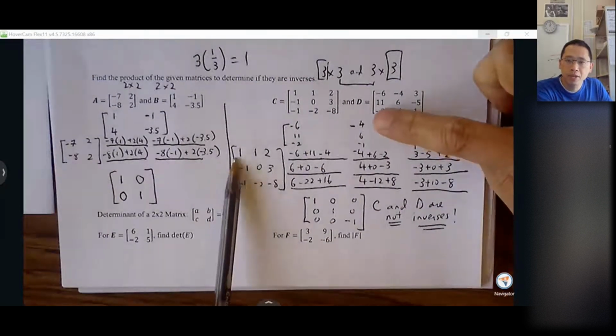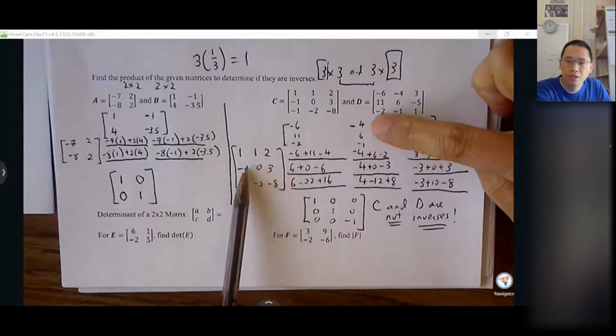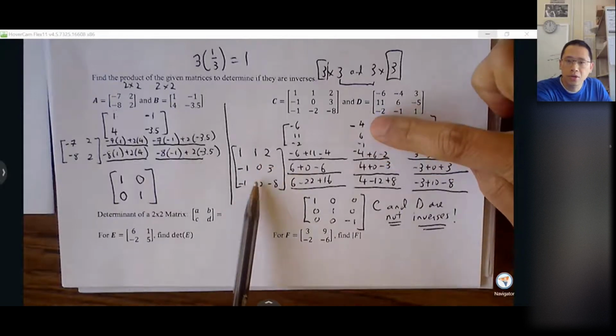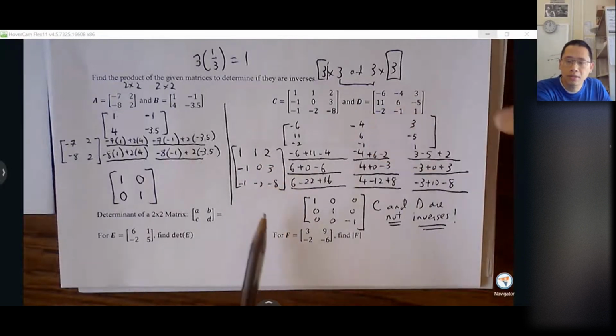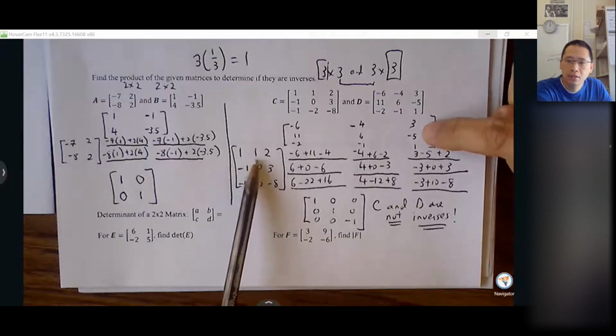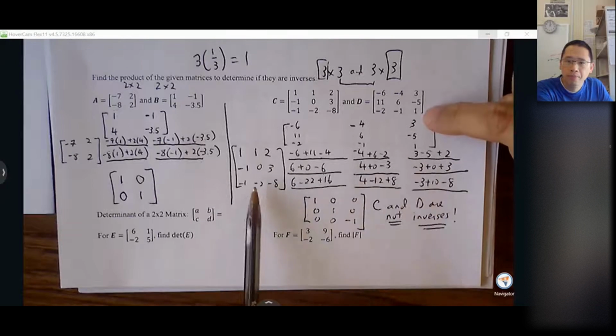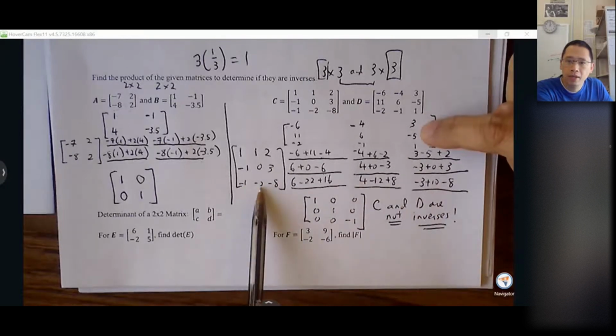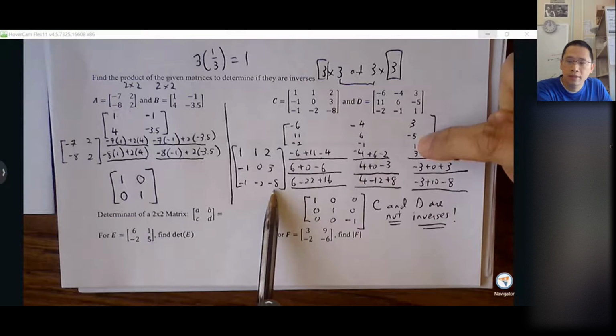Okay, and we just repeat the process for each of these, making sure that they go in their correct element spots. Right? We'll go here. -3, 10, -8.